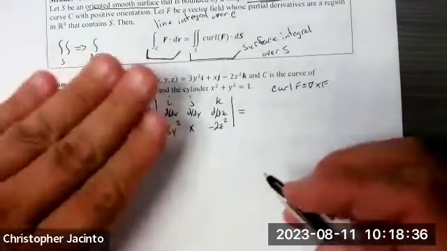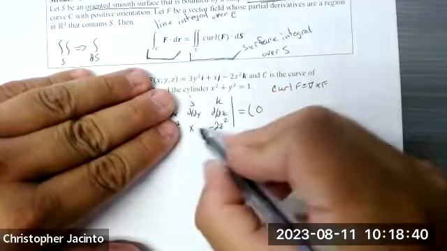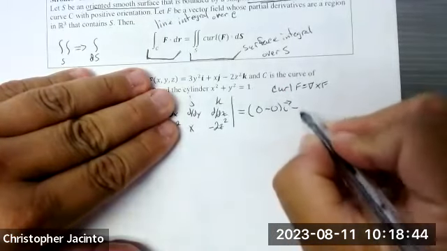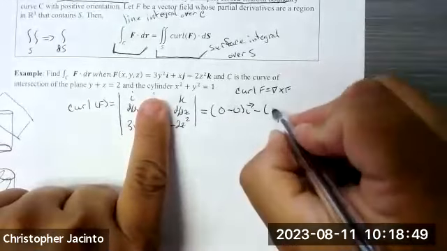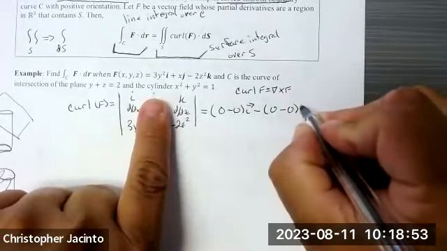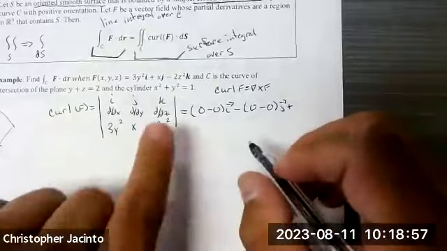So with respect to y, 0. With respect to x, 0. Don't you love it when you get zeros everywhere? With respect to x, also 0. With respect to z, also 0. Even better. And then k, okay, we actually have to do stuff.